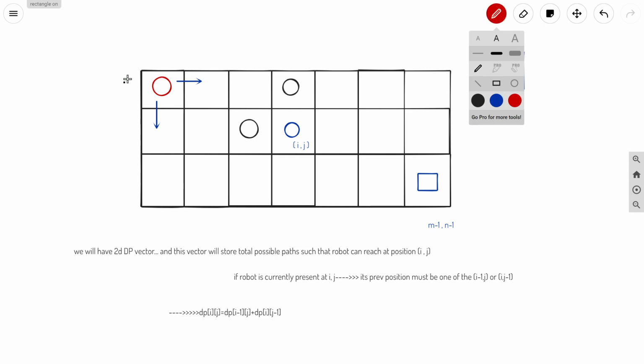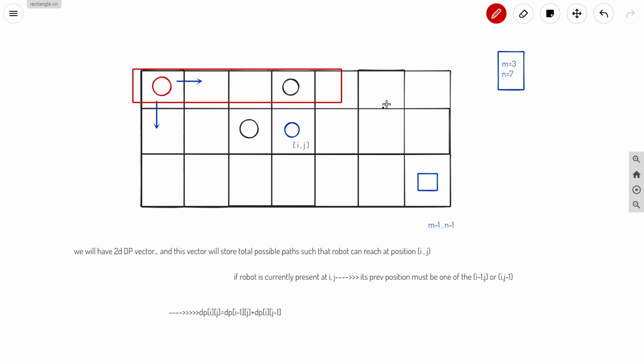For any cell of the 0th row, you can see that there is only one possibility to come. There is a total of one path to reach any of these cells. Okay, so the robot will move forward in order to reach any cell of this row.